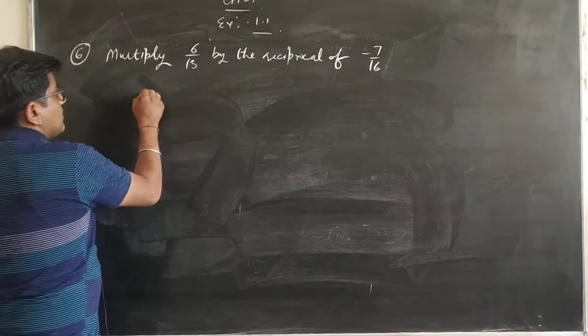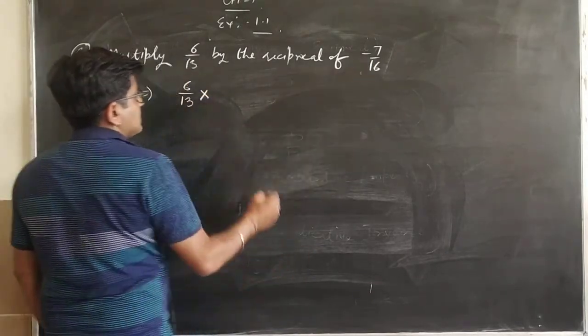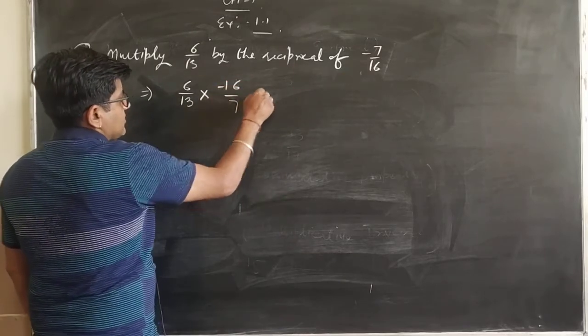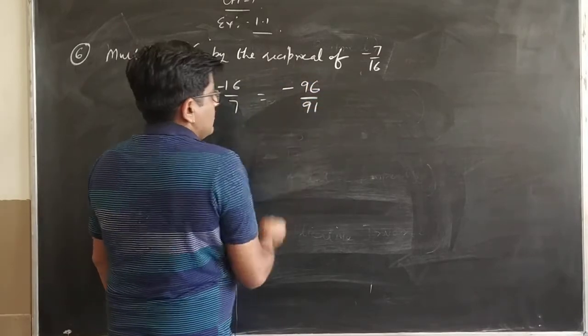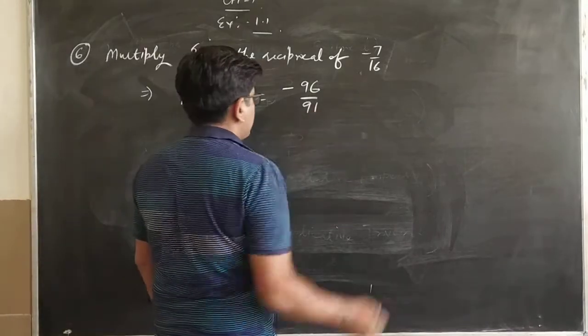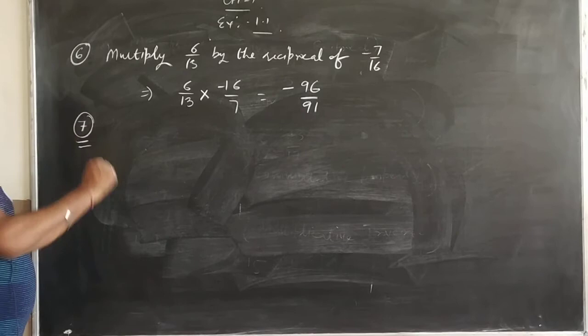So here 6 upon 13 multiplied by reciprocal of minus 7 upon 16 will be minus 16 upon 7, that is minus 96 upon 91. You can write the answer as it is or you can convert it into mixed fraction also.